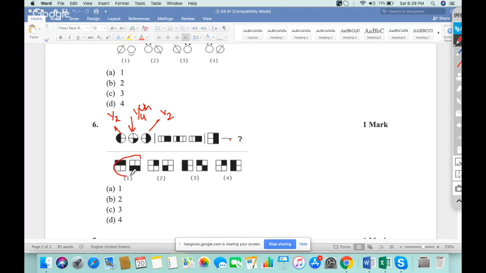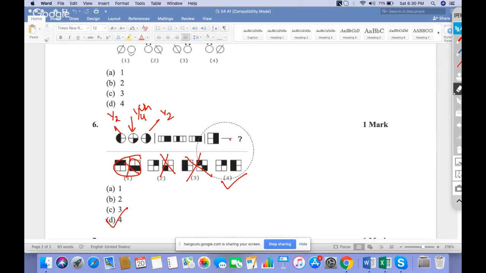In the first option, none of them are 1/4 shaded. That's not the option. In the second option, both are 1/4 shaded. That can also not be possible. Third option anyway is gone. Both are half shaded. Only in the fourth option I have 1/4 shaded and half shaded, and hence option 4 would be my answer.